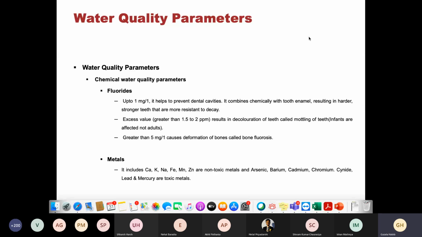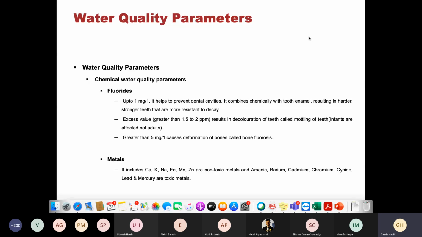Metals: there are several metals present in the water, basically calcium, potassium, sodium, iron, manganese, and Zn, which are non-toxic metals, while arsenic, barium, cadmium, chromium, cyanide, lead, and mercury are toxic metals. So generally the toxic metals are not desirable at all, as we all understand.